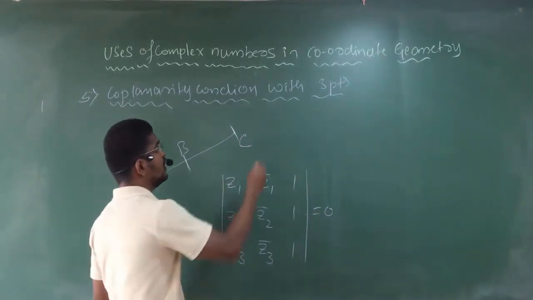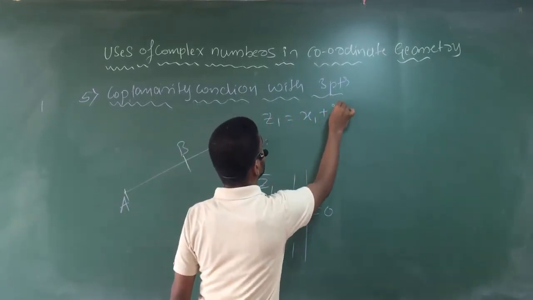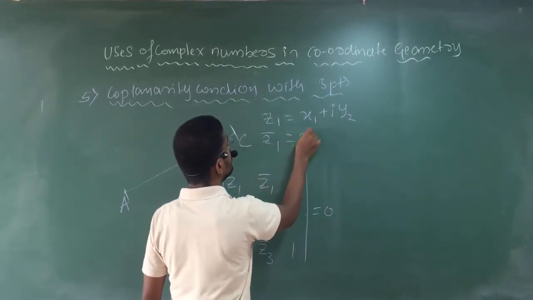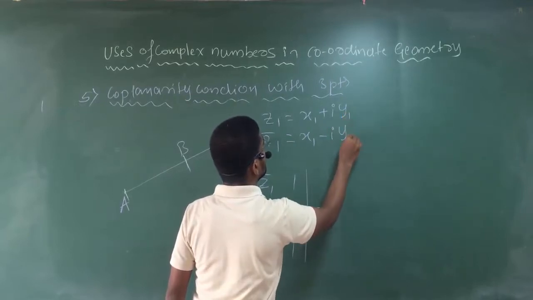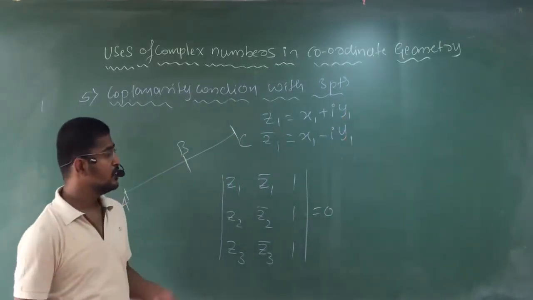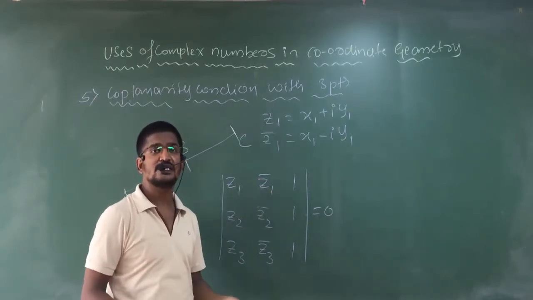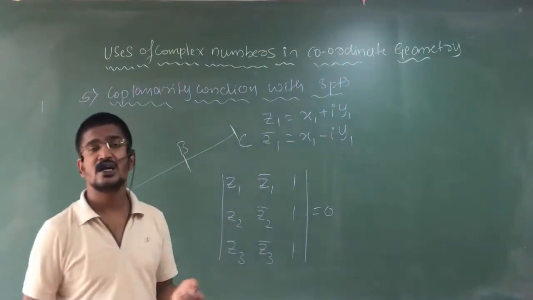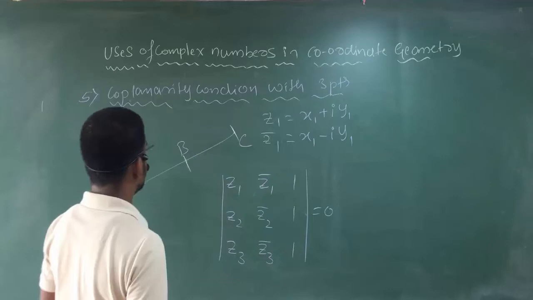Please remember here, Z1 equals x1 plus i y1, and Z1 bar will be equal to x1 minus i y1. That means if Z1 is a complex number, Z1 bar is the conjugate of the complex number. Z2 is a complex number, Z2 bar is the conjugate of Z2.